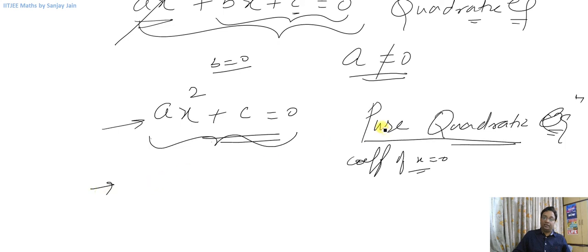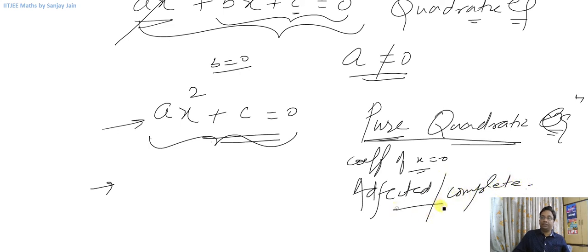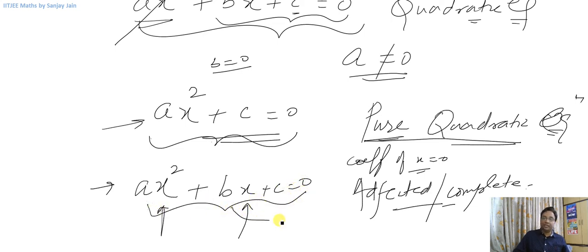And another kind of quadratic equation is adfected or complete quadratic equation. What is adfected or complete quadratic equation? Where we have got a second degree term, the linear term, the first degree term also, right? These kind of quadratic equations are known as complete or adfected quadratic equation, right?